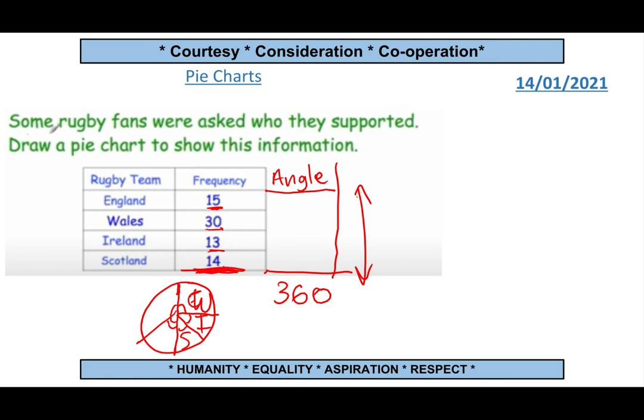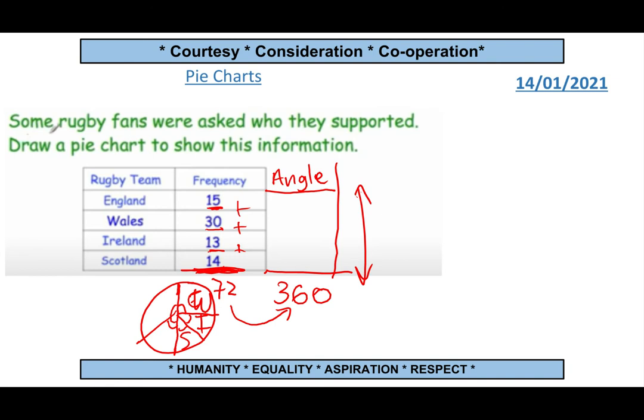So when I add all of these numbers up, 15 plus 30 is 45, plus 13, 58, plus 14, I get 72. Now, if 72 is a factor of 360, I can just multiply each of the frequencies by that amount.